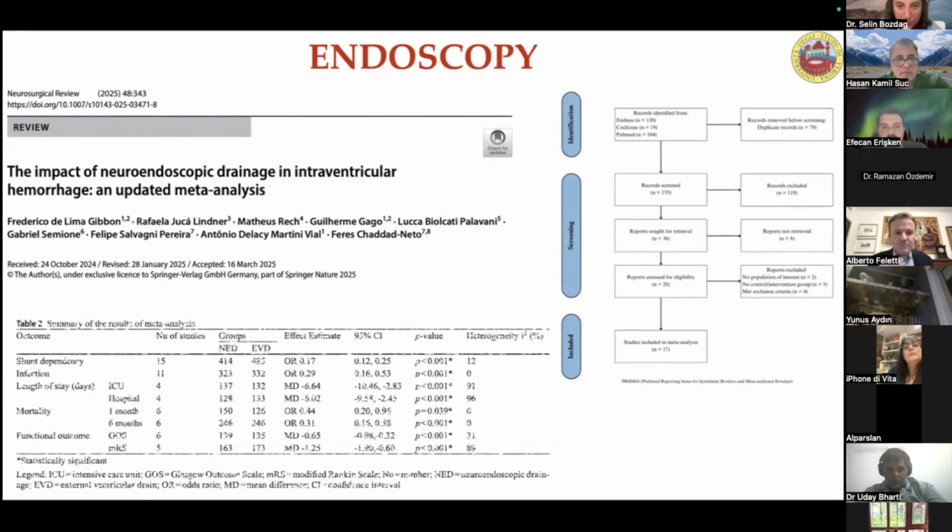It shows that in patients treated with neuroendoscope there is a statistically significant reduction of shunt dependency compared to EVD alone, a statistically significant reduction of infection, and a reduced length of stay at the hospital and ICU. There is also a reduced mortality at 6 months, and an increased functional outcome with this neuroendoscopic technique.